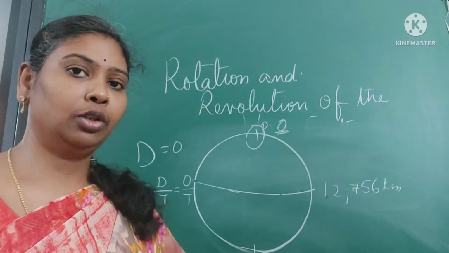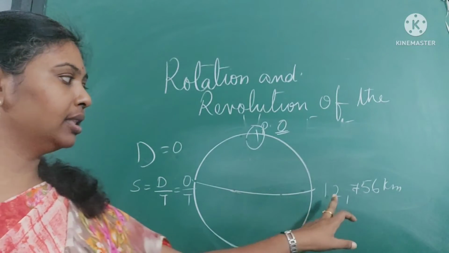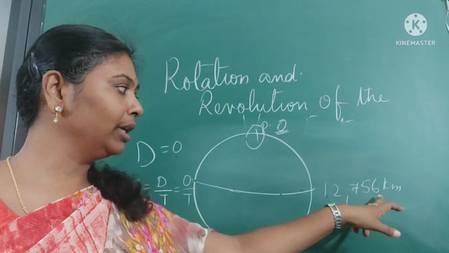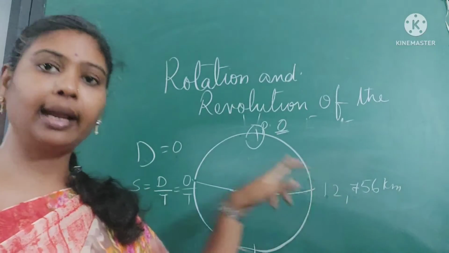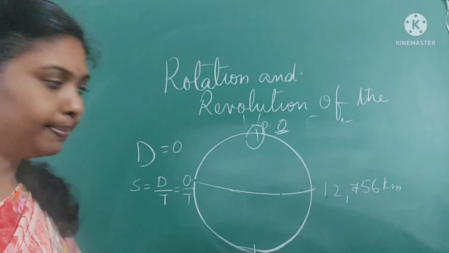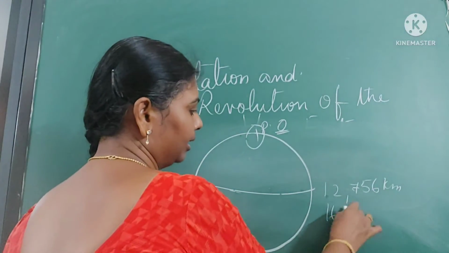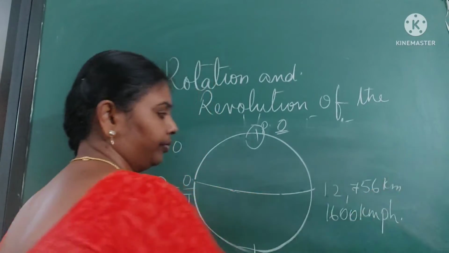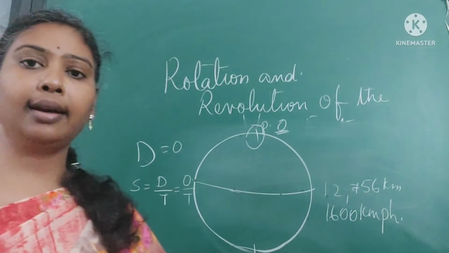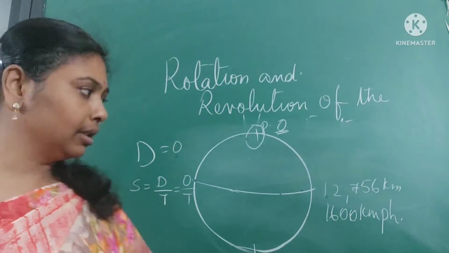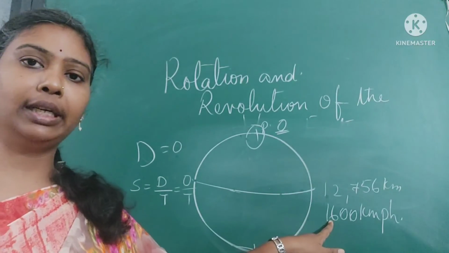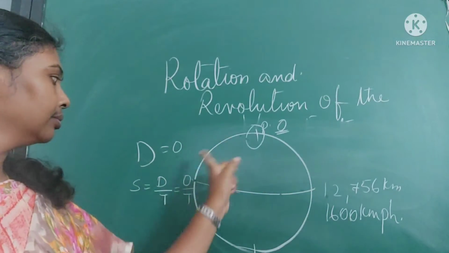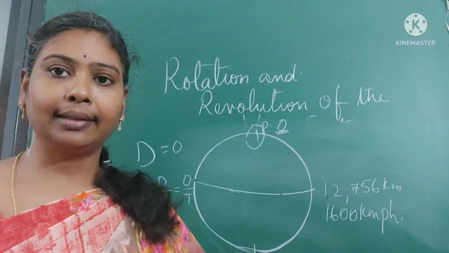Clear? So near the equator, this 12,756 kilometer, the equatorial diameter is covered at a speed of 1600 kilometer per hour. So this is the speed of the Earth at the equator.